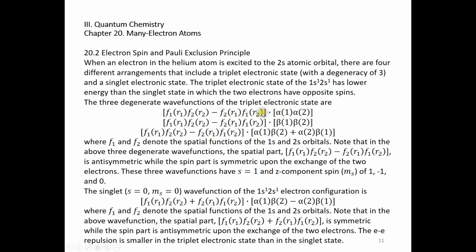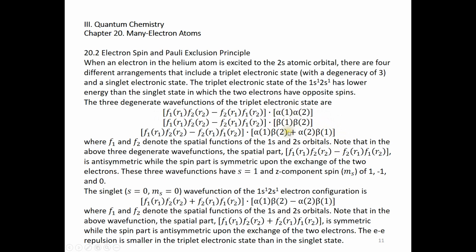Alright, so we have a product of the spatial part and the spin part. If the spatial part is anti-symmetric, the spin part must be symmetric. So now we have the anti-symmetric spatial part and the symmetric spin part. And overall, the wave function is anti-symmetric.